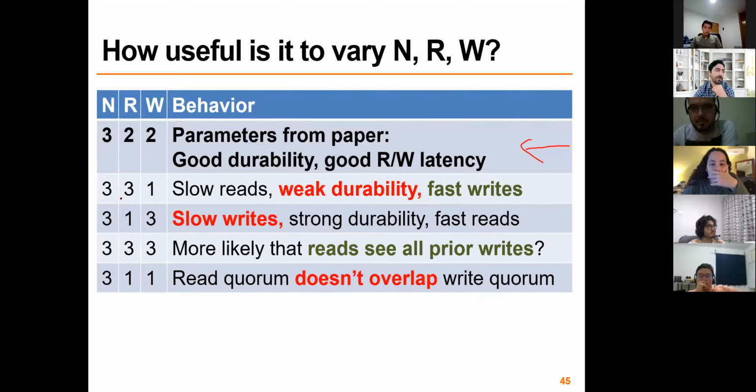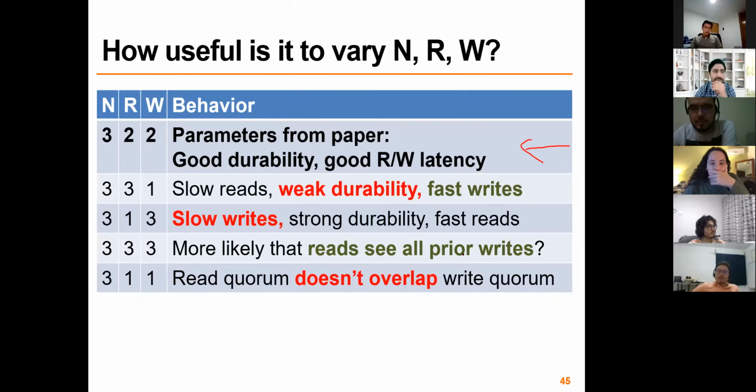If you consider read 1, write 3, it gives you slow writes, strong durability, and fast reads because read is 1.